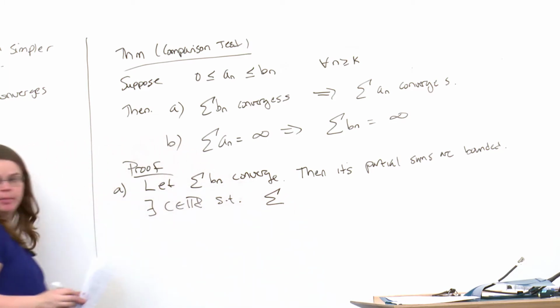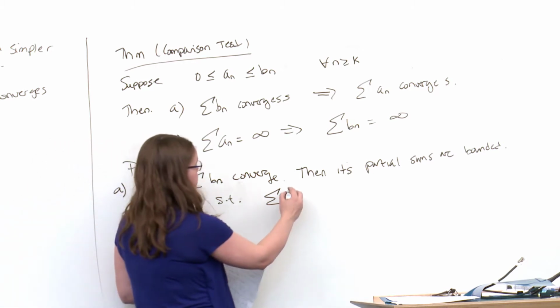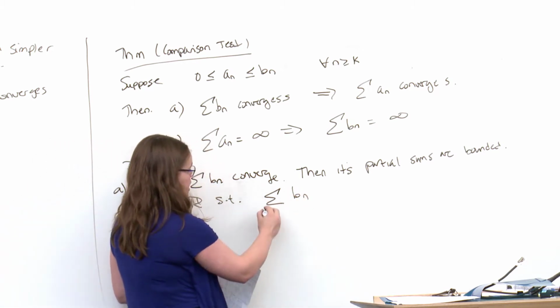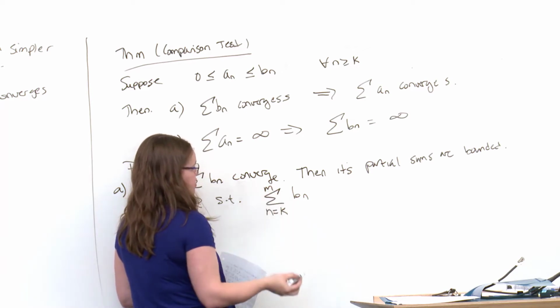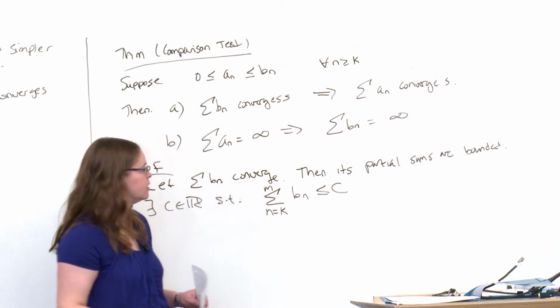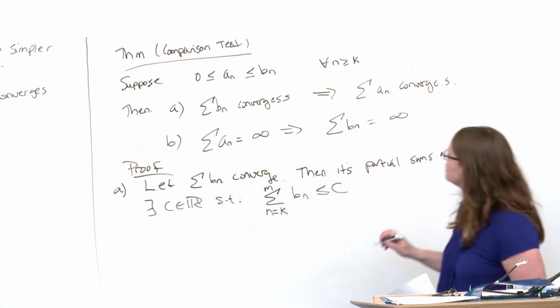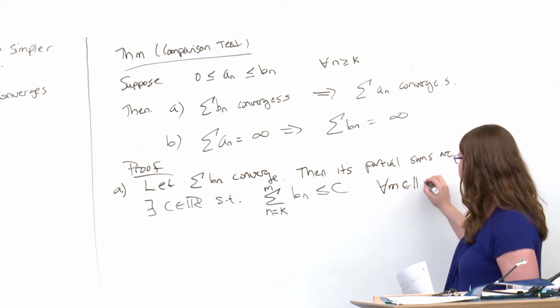if we sum these things up, so let's say we take b_n and add it up from k to, say, m, this is always going to be less than c. Okay? For all possible choices of m.